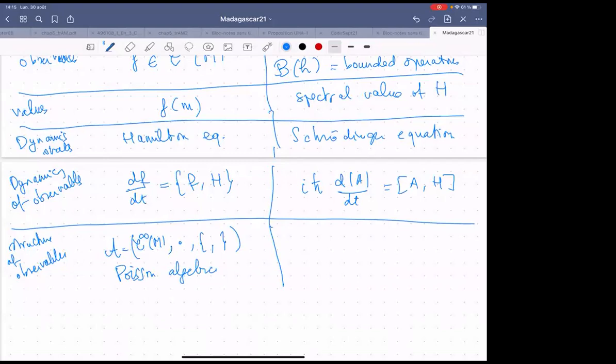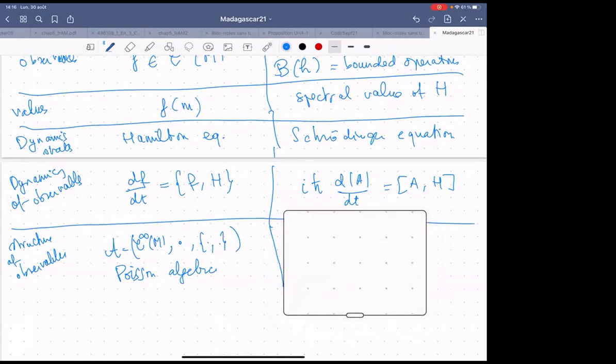In fact, C infinity M with the bracket is a Lie algebra, and C infinity M with the dot is an associative algebra. And we have a compatibility condition between these two operations.